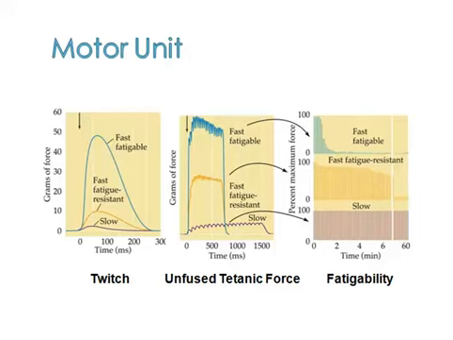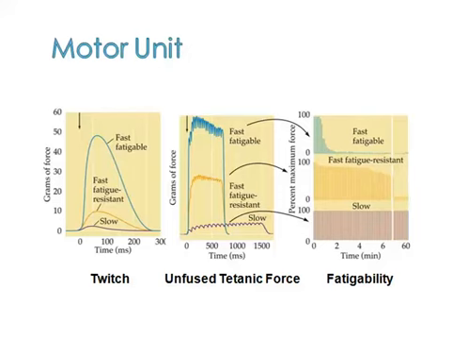But you can't have your cake and eat it too. You can't generate large amounts of force and also be able to sustain that for long periods of time. And this is a reflection of the inverse relationship between force production and fatigability with regard to the motor unit. Our fast fatigable or type 2B motor units cannot maintain high levels of force for very long periods of time.